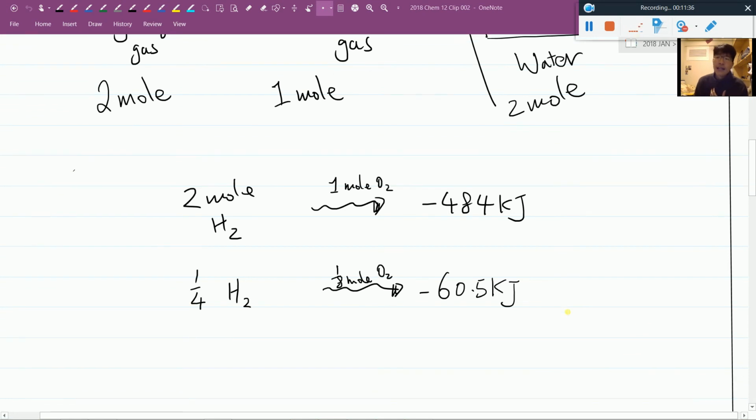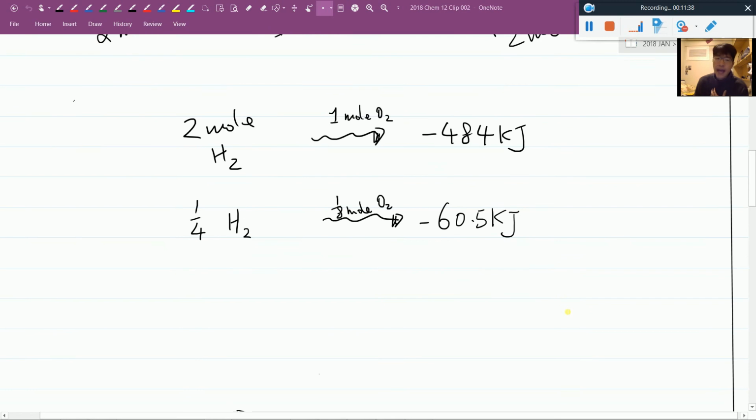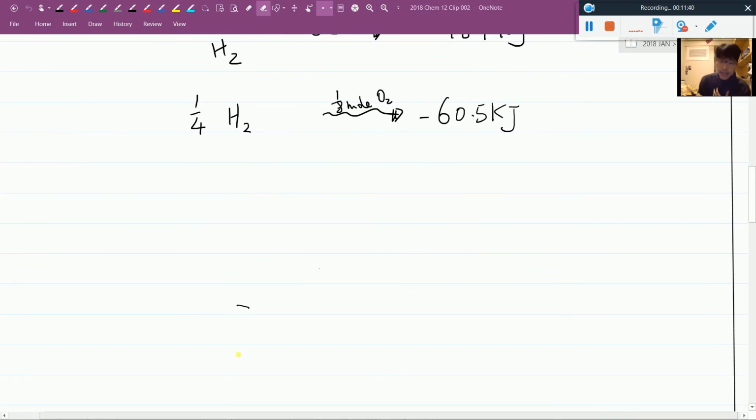Now, let's have a look at these reactions. If I give you the same reaction, but this time, instead of putting a 2 in front of it, I put a half in front of the oxygen, then I will have 1 water down there.